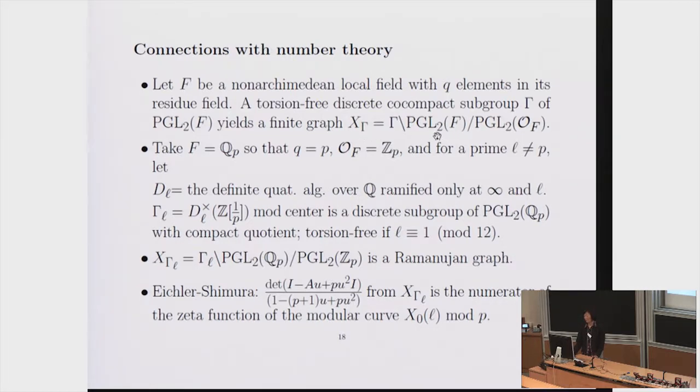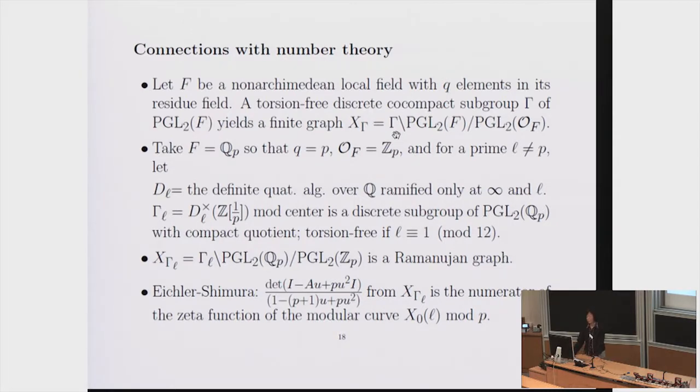Now, in particular, say I take this field to be Q_p that we have seen, so O_F will be just the ring of p-adic integers. I'm going to show you how to choose different kinds of this group Gamma.